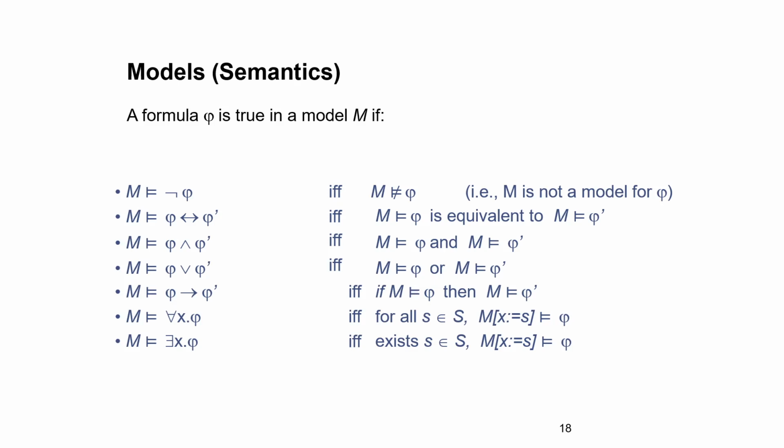So if we have a variable in our formula inside a universal quantification, we have to check, for all the possible values in the domain, if we replace x by that value, does the model still model the formula?